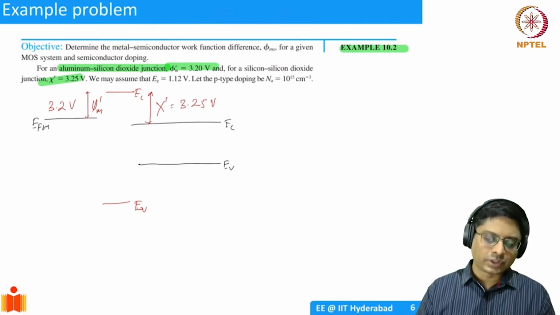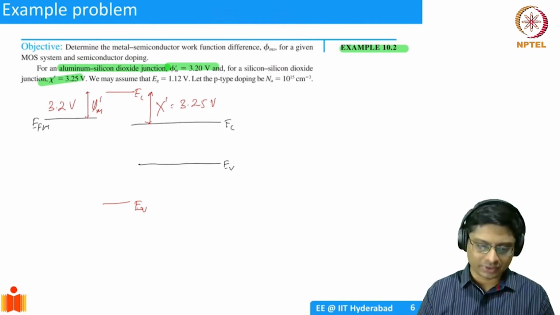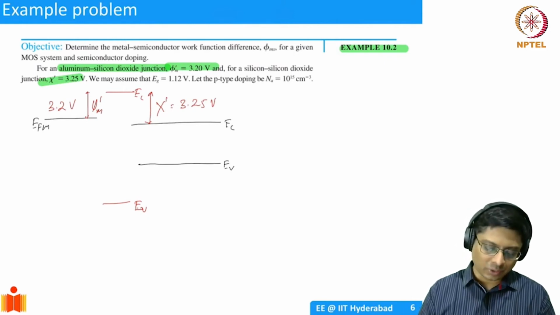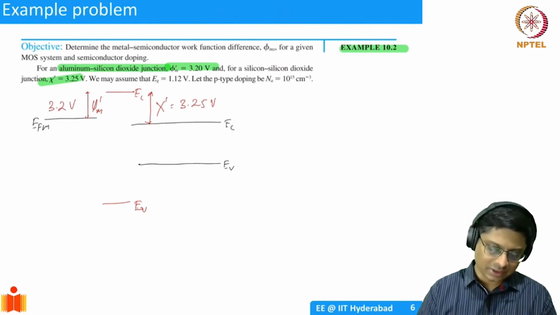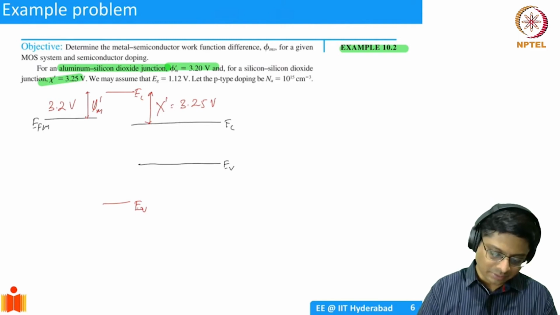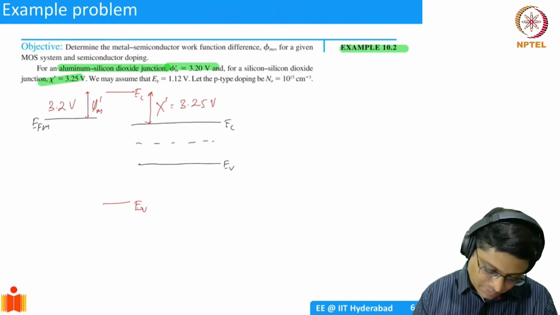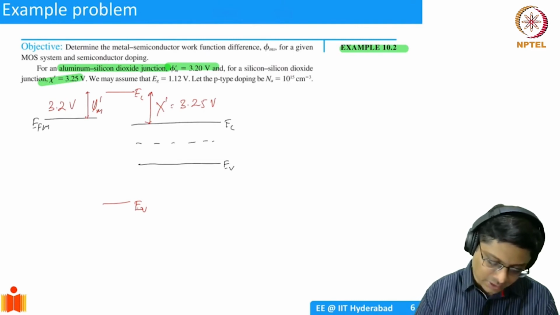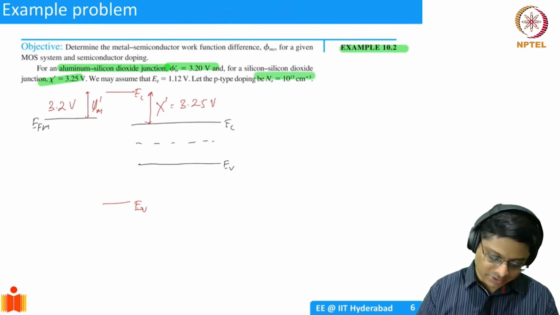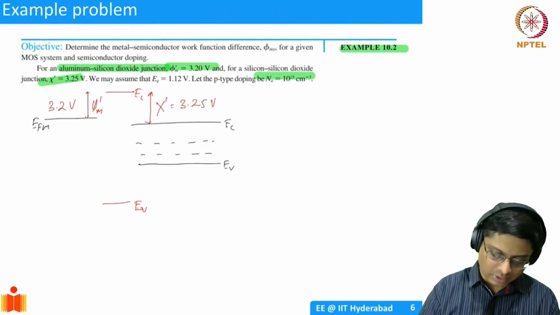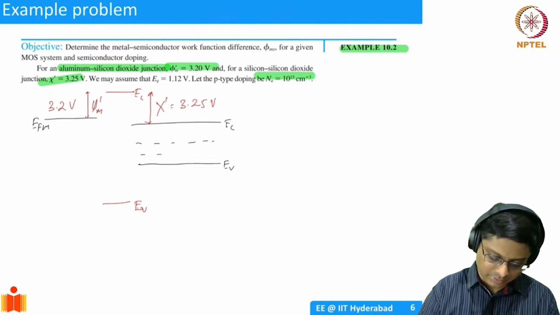Now what is the work function difference, phi ms? For that you need to find the work function of the semiconductor. You have the EI, and it's given to be a p-type semiconductor with Na doping, so Na is 10 power 15.